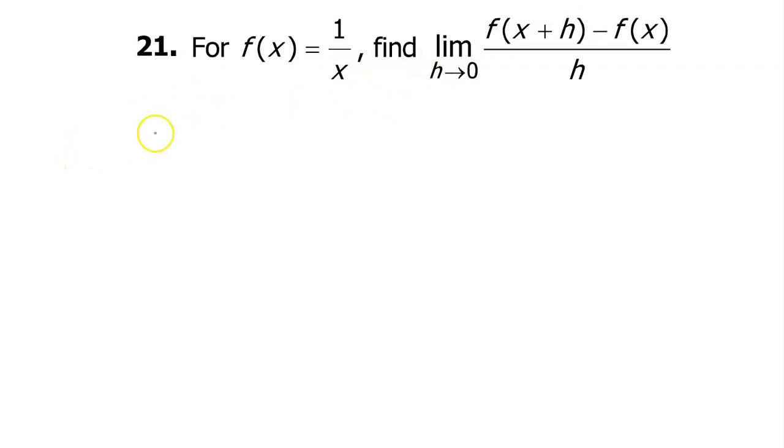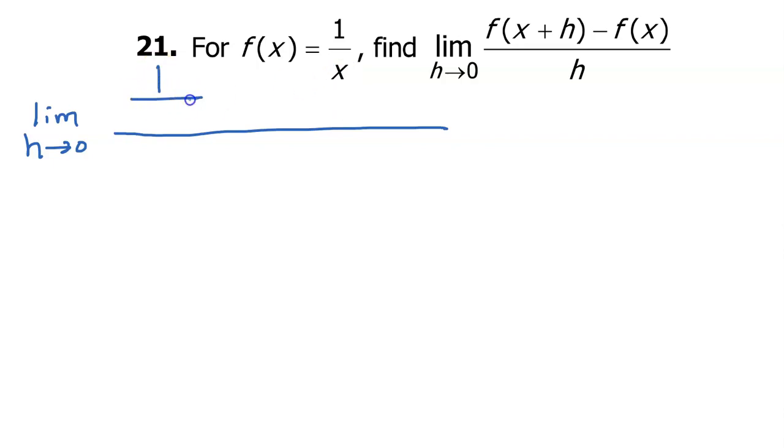So if we do that, we're going to end up with the limit as h approaches 0. Okay, f at x plus h. We're going to take this, but plug in x plus h right here. So we're going to get 1 over x plus h. And then minus f of x. So that means minus this right here.